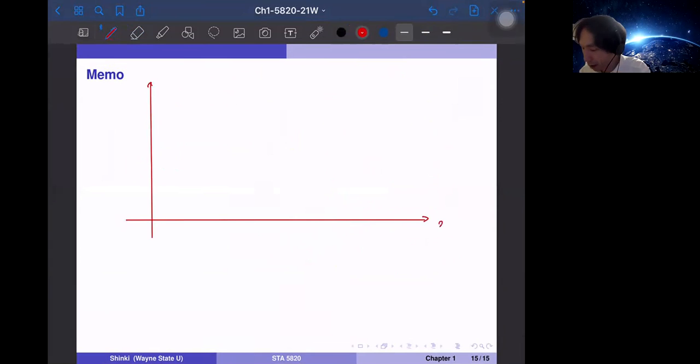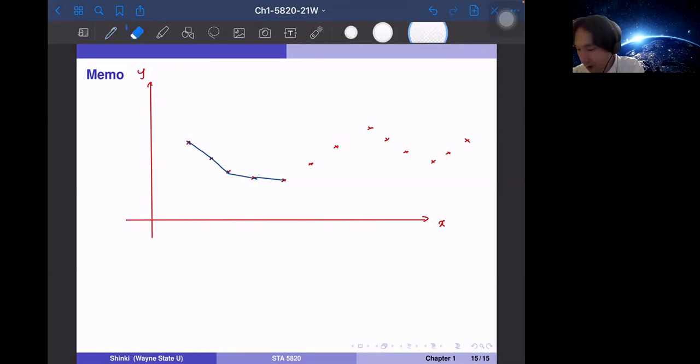Suppose we only have one-dimensional x, but the pattern is really complicated. If you connect everything as a line graph, just straight lines, maybe this is too smooth, but suppose that we have slightly larger noise.